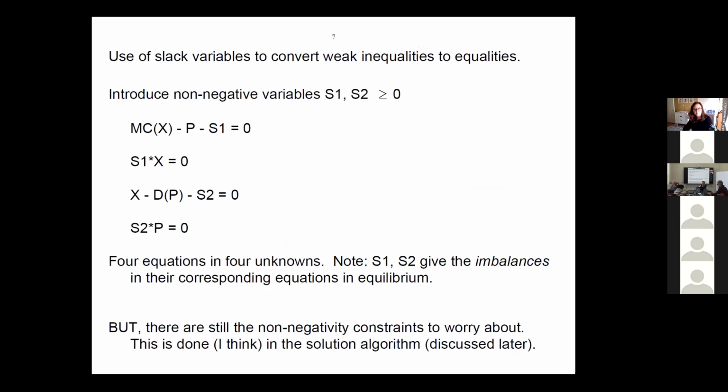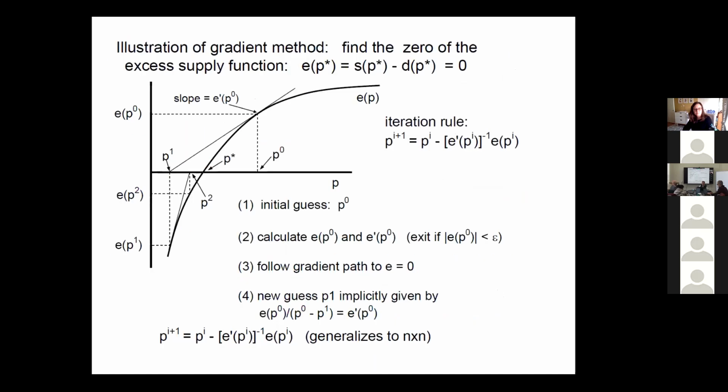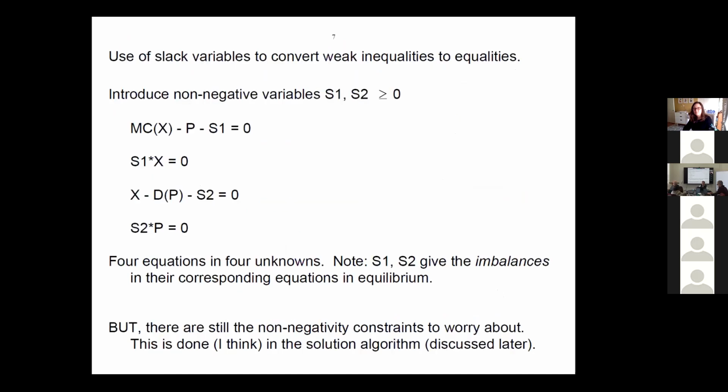Okay, so maybe I'll skip this slide. Yeah, so from the Karush-Kuhn-Tucker, I'll just make a comment, but I don't think this is fundamental to what we want to do. I want to move on. The Karush-Kuhn-Tucker theorem actually adds slack variables to the inequalities to make them equalities. Right, so marginal cost greater than or equal to price becomes marginal cost minus price minus a slack variable S1 equals 0.